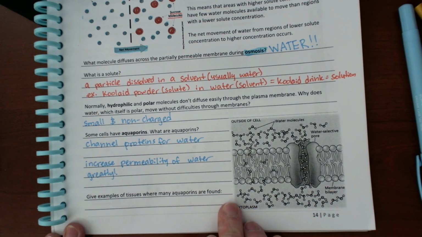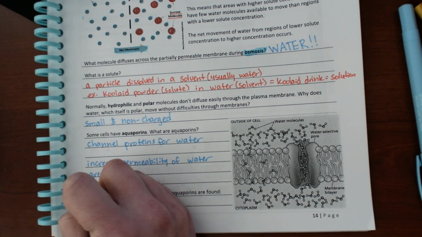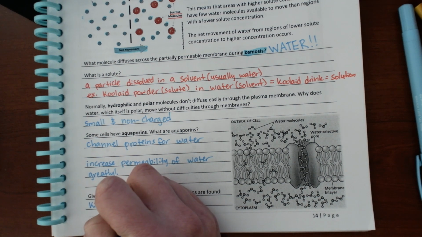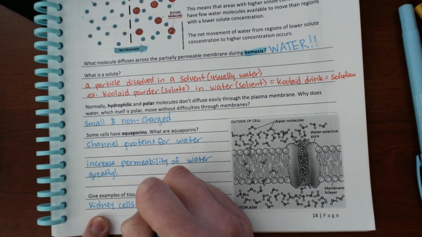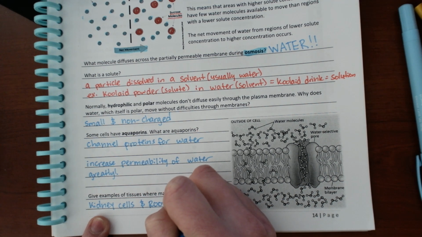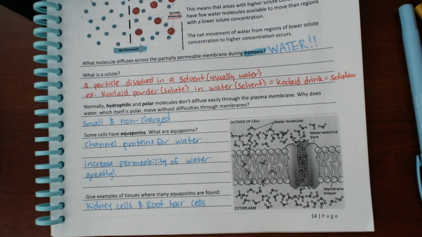Tissues where you see a lot of aquaporins are things that take in a lot of water, like your kidneys, like kidney cells, and in plants, root hair cells. Things that need to take in water. That's pretty much it. Here's your aquaporin.